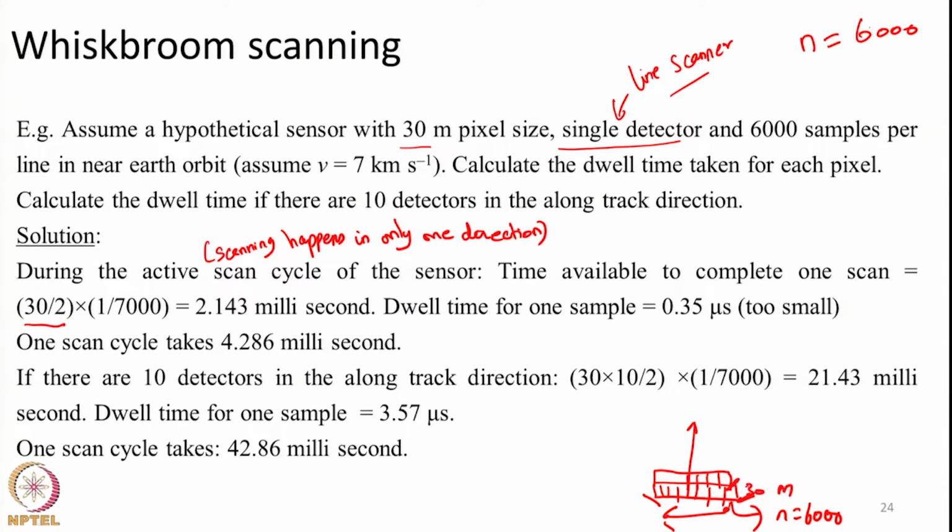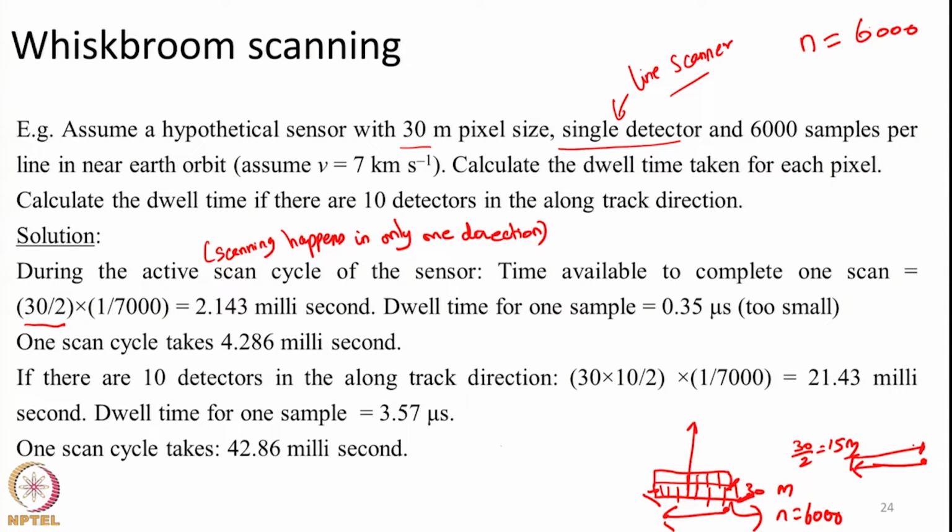So the time available for us is now 30 by 2, that is, before the satellite crosses 15 meters distance, the scan line should be completed. The scan should start from this end and reach this end before the satellite moves a distance of 30 by 2, that is 15 meters. Then only for the remaining 15 meters can this point go back here and be ready in the starting position again.